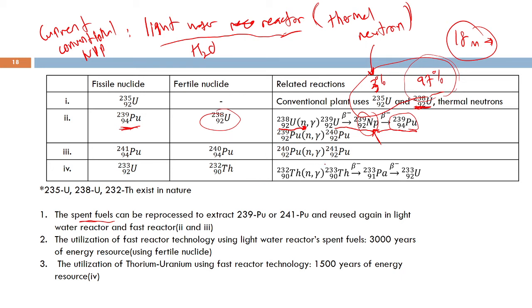At the same time, if the plutonium continues with the absorption of neutron, it becomes plutonium-240. And the plutonium, with further absorption of neutron, you are actually producing plutonium-241.